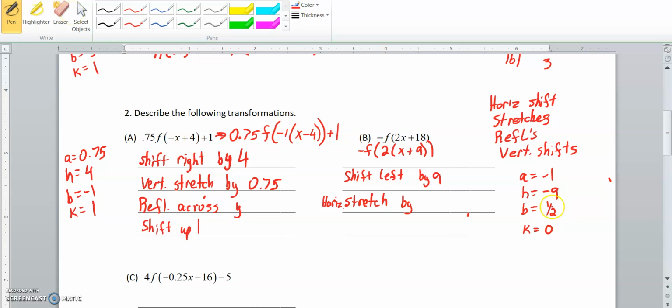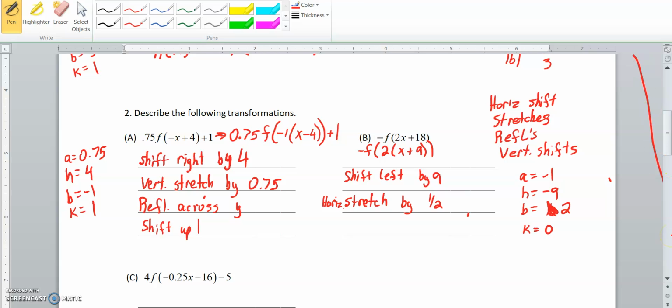Okay, well, it's not letting me go to my eraser, so I'm going to scribble that out. Our b is directly given to us, and that is 2. So that's my fault. Please correct that. Our b is 2. It's given to us in the equation. The horizontal stretch by a factor of, that's where we would say by 1/2. That's my fault. Sorry about that. I'm just trying to demonstrate. We all make mistakes, right?